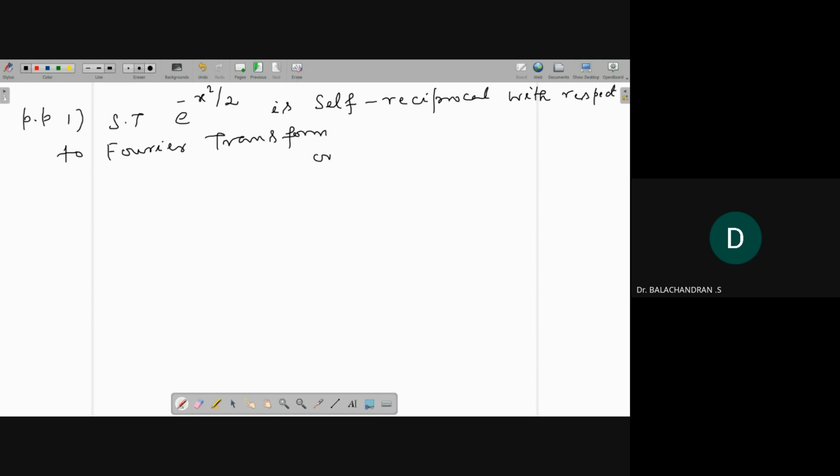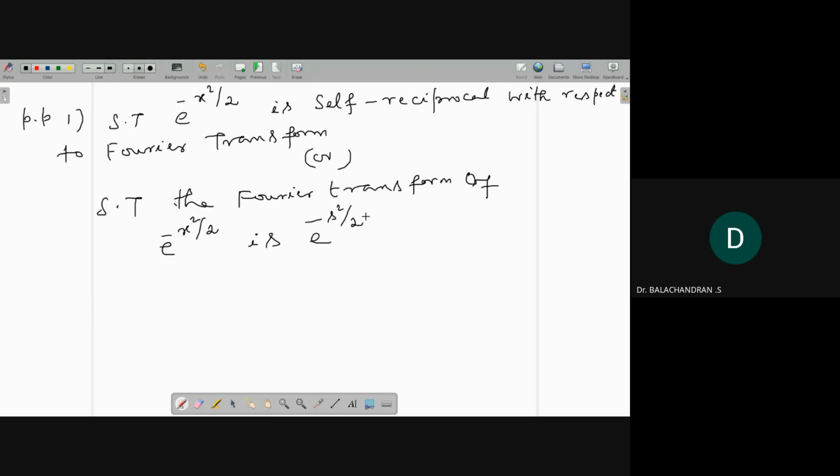Or the same question may be asked like this: show that the Fourier transform of e power minus x square by 2 is e power minus s square by 2.